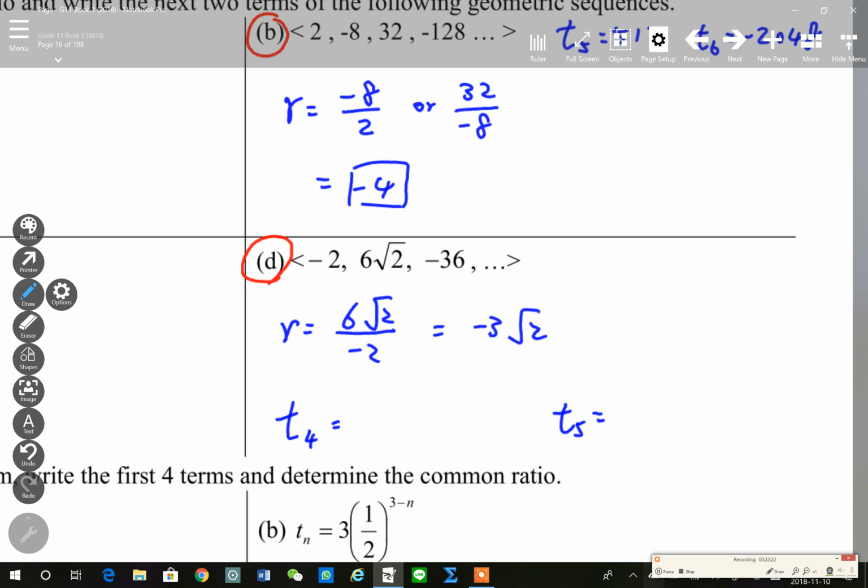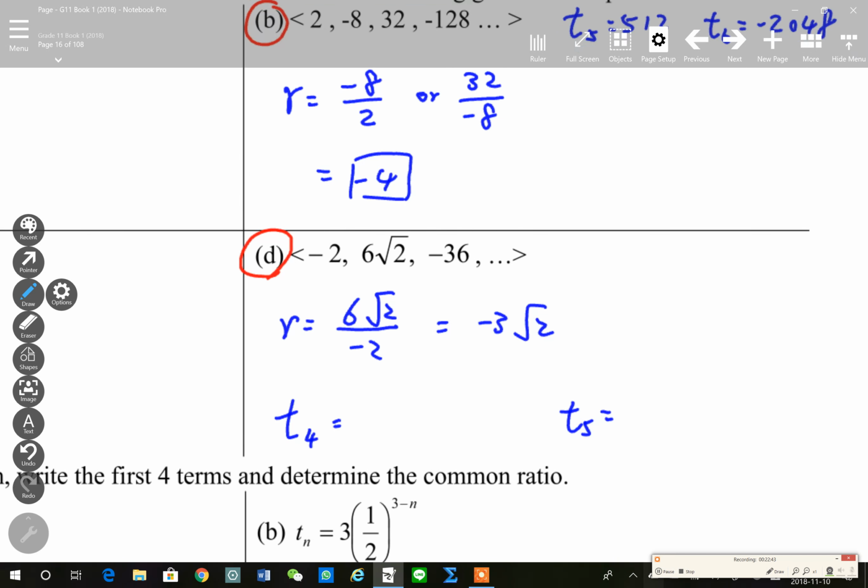So, Brandon, what's T4? 9. You use the ratio, and then what do you do to get the next term? Multiply, right? Multiply is like jumping, taking the steps. -36 times the ratio.